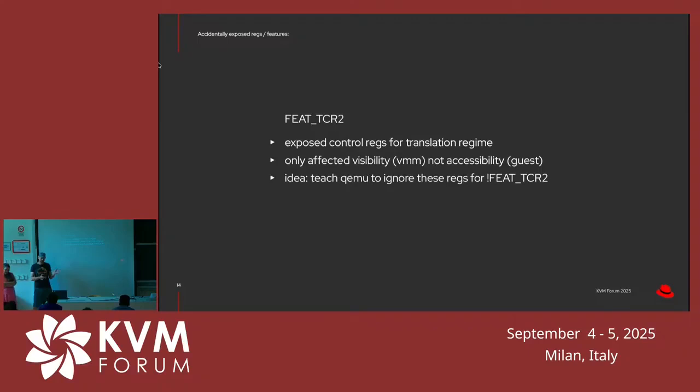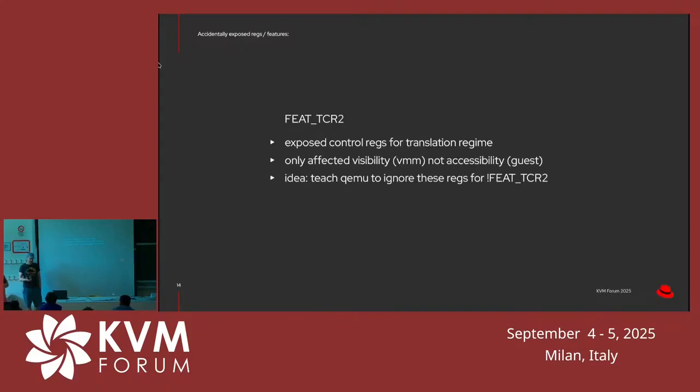It's a bit different from the previous example, because in this case it wasn't just a feature bit, but a couple of registers that landed in the list of the get_reg_list ioctl that the VMM uses. But when the guest would try to access these registers without the feature being set, this would of course still be blocked.